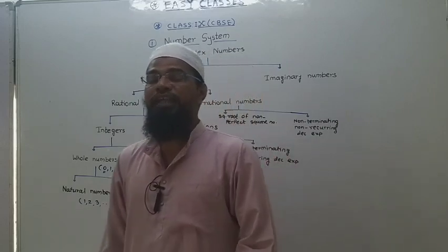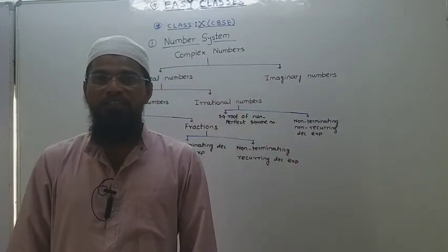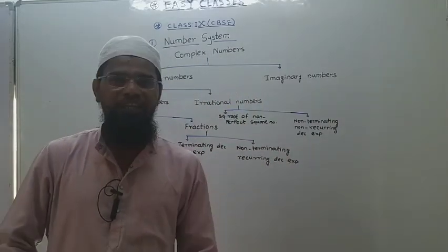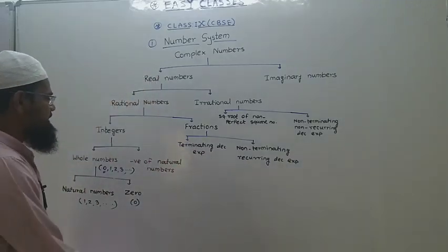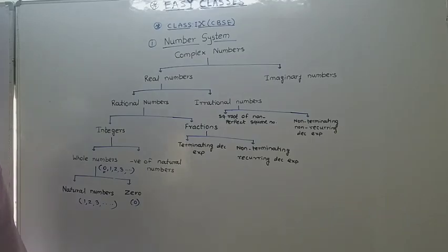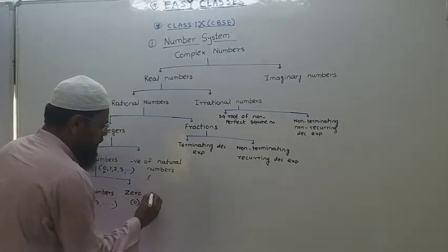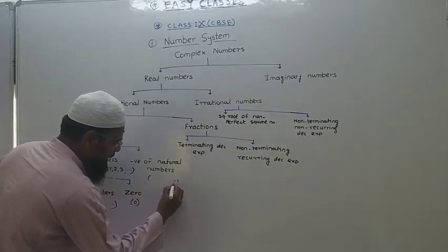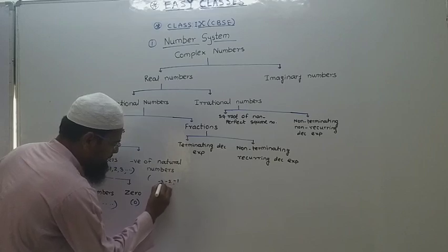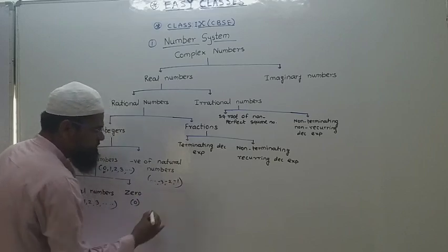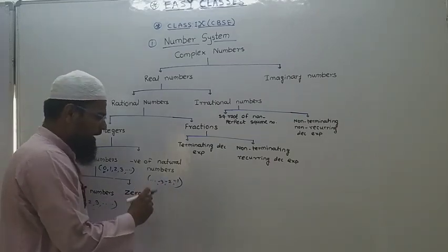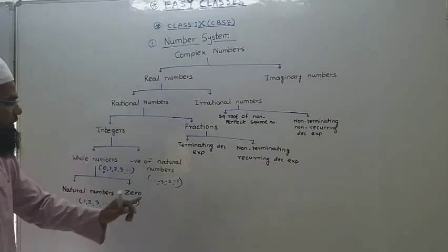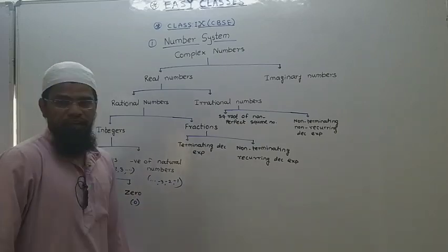The negatives of natural numbers are the natural numbers having a negative sign: -1, -2, -3 and so on.